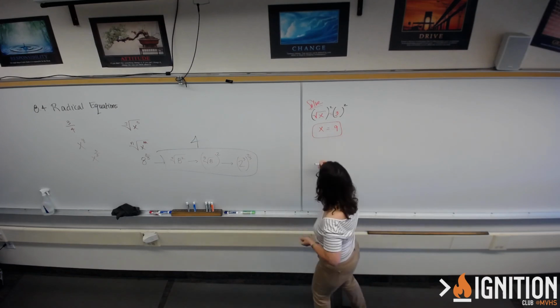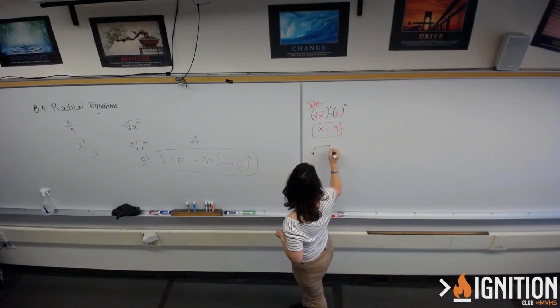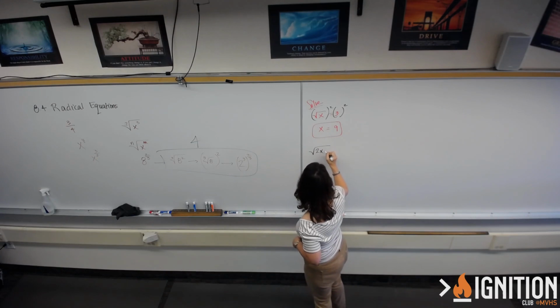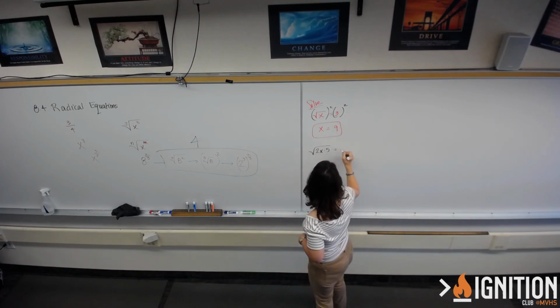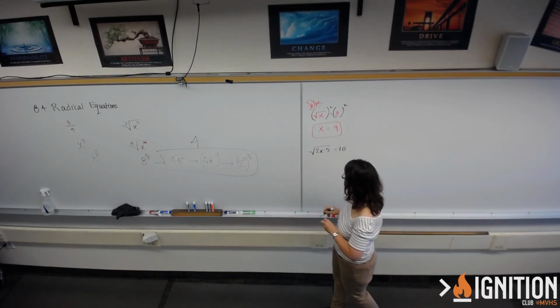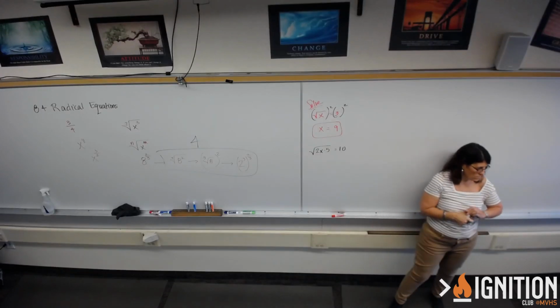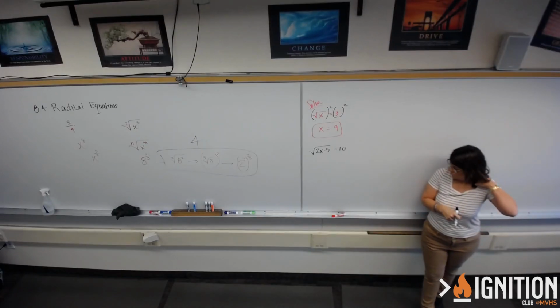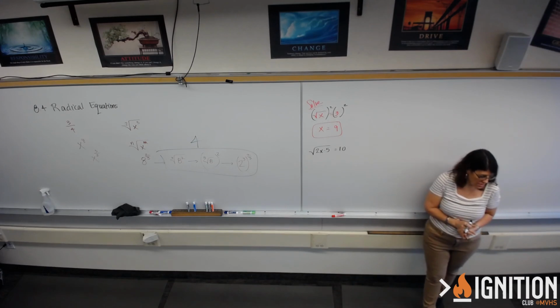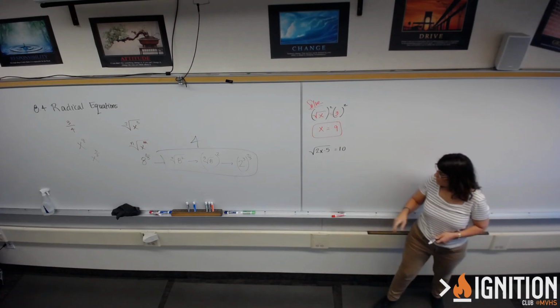What about the square root of 2x minus 5 equals 10? Square both sides.